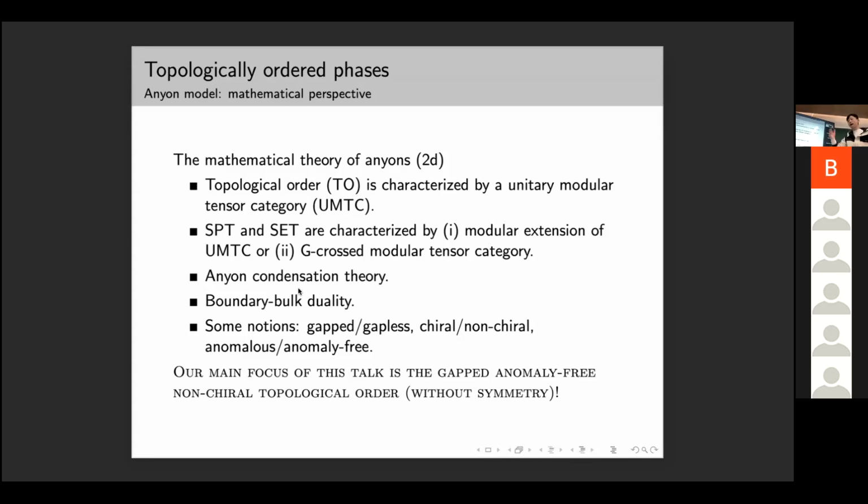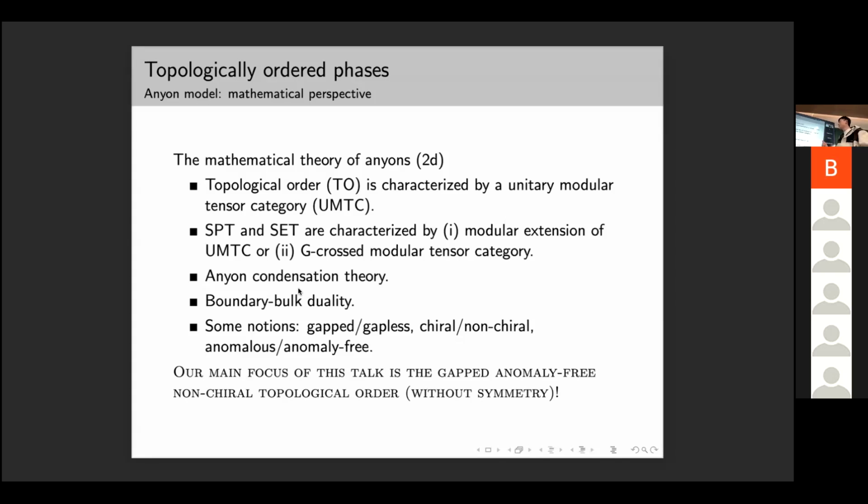In this theory, we have a symmetry group G, and then we know that Rep(G) is a category. We have the original UMTC, and we need to use Rep(G) and this UMTC to construct a bigger modular tensor category. This modular tensor category can be used to describe the SPT or SET phases.